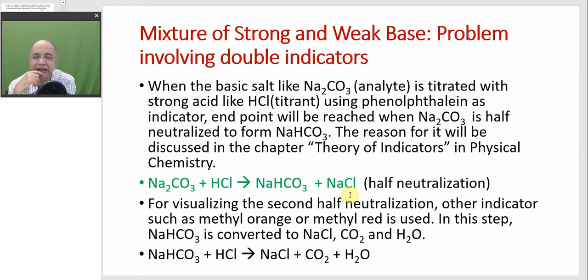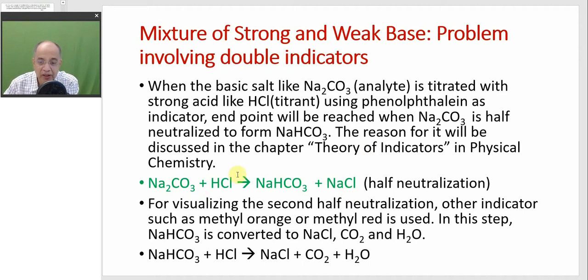But I will tell you one thing: when sodium carbonate solution is mixed with excess HCl, you observe effervescence, carbon dioxide bubbles appear. But if you add HCl slowly to sodium carbonate solution, no carbon dioxide will evolve unless sodium carbonate is half neutralized. Now see the reaction.